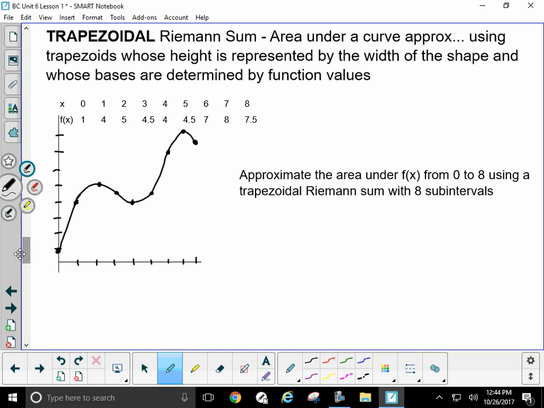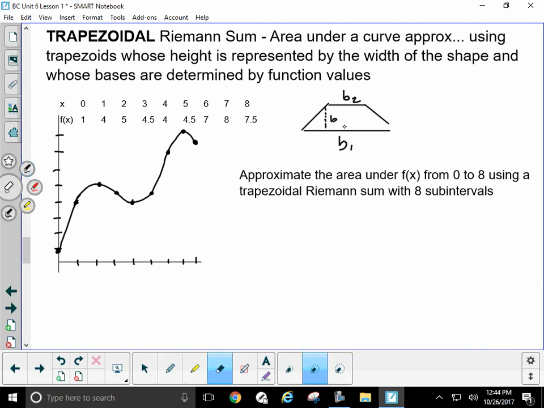Now, let's remind ourselves about what a trapezoid looks like. Well, you are used to trapezoids looking like this. Where we have a base 1, a base 2, and a height.